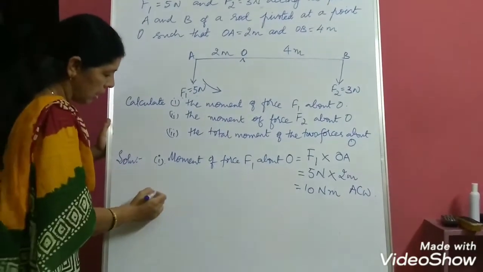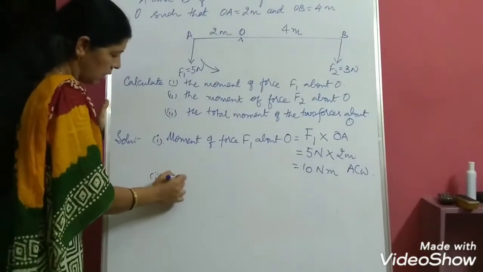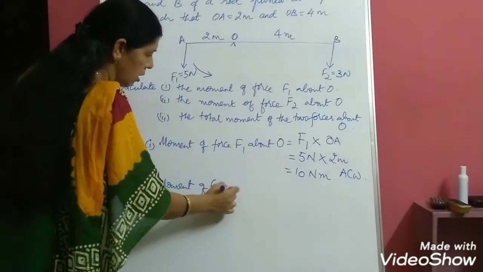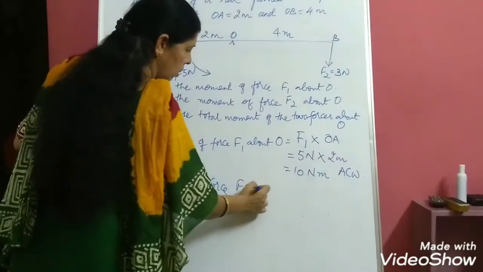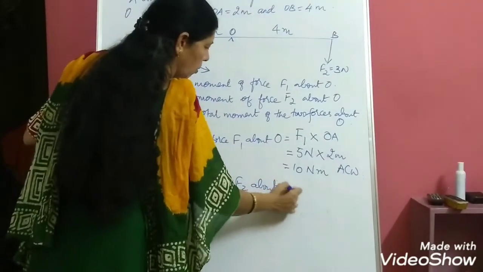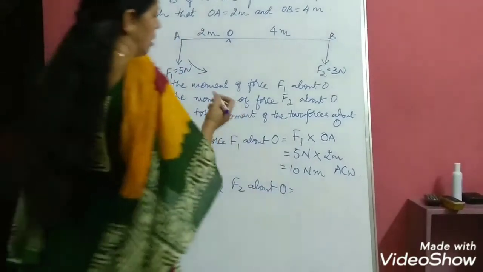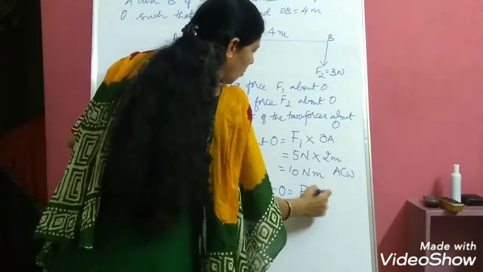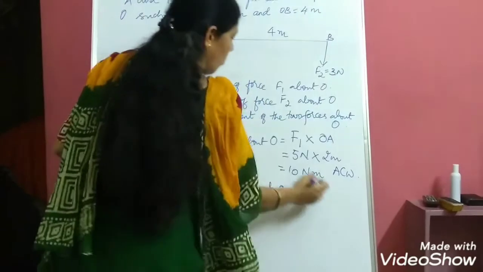Now second, moment of force F2 about O is equal to F2 into the perpendicular distance, which is OB.